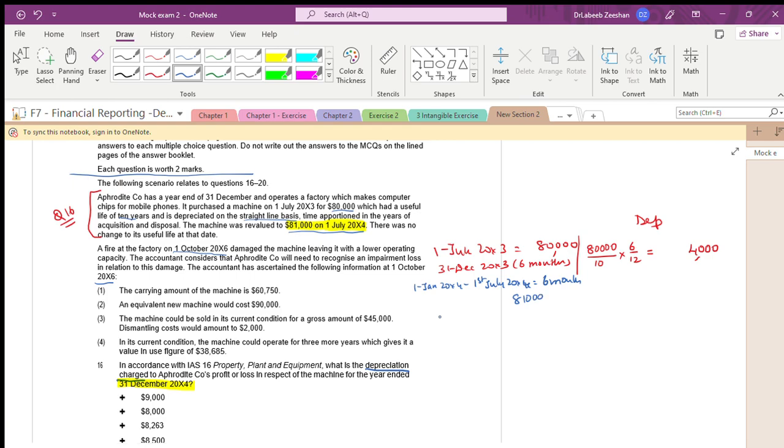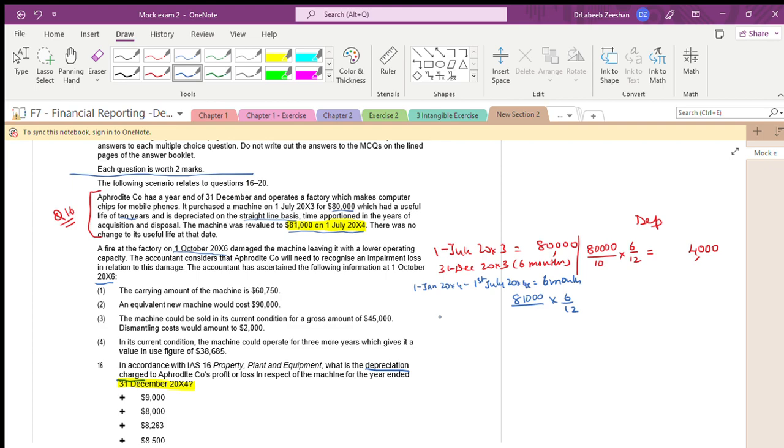Is it right? 81,000 into 6 by 12, divided by how many years? 10 years.